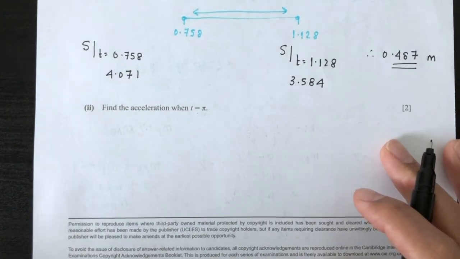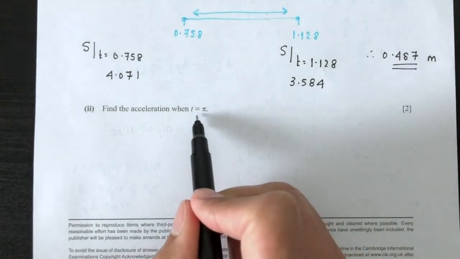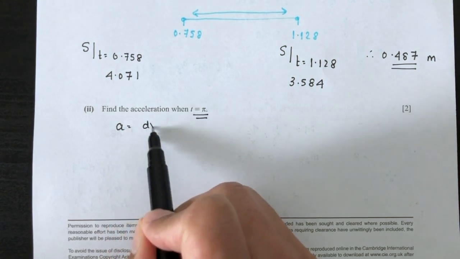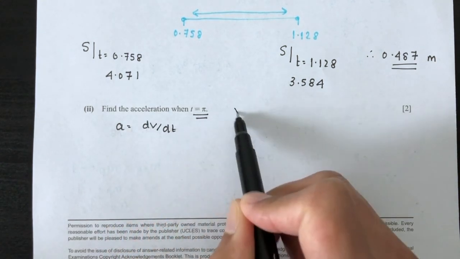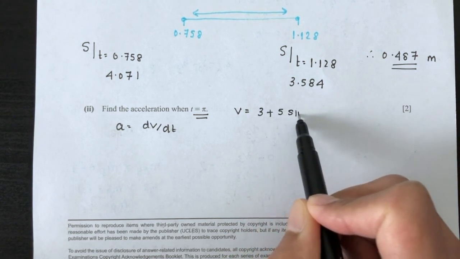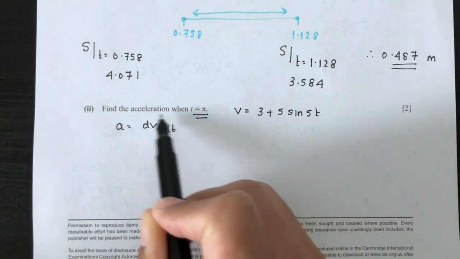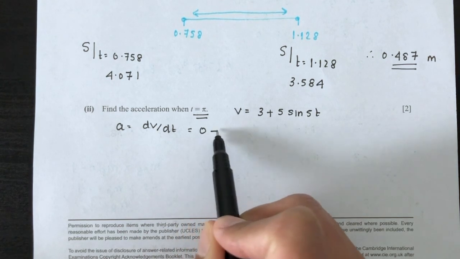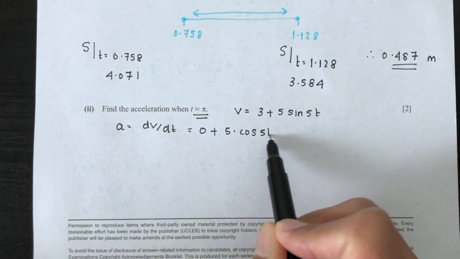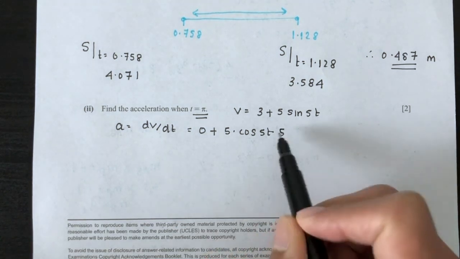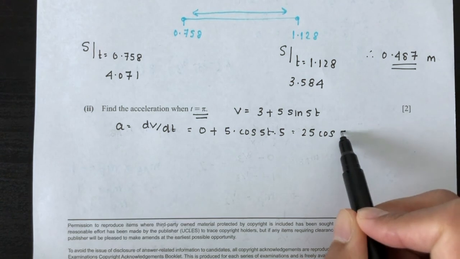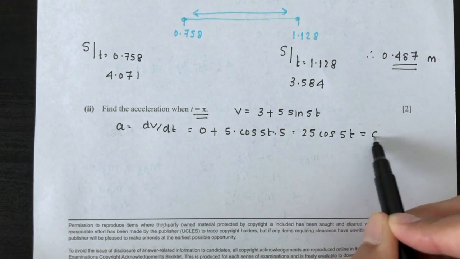Now for part 2, we have to find the acceleration when time equals pi. As you guys already know, acceleration is equal to dv by dt. Since v is given by 3 plus 5 sine 5t, differentiating this will give you 0 plus 5 cos 5t times 5. That will give you 25 cos 5t equal to a.